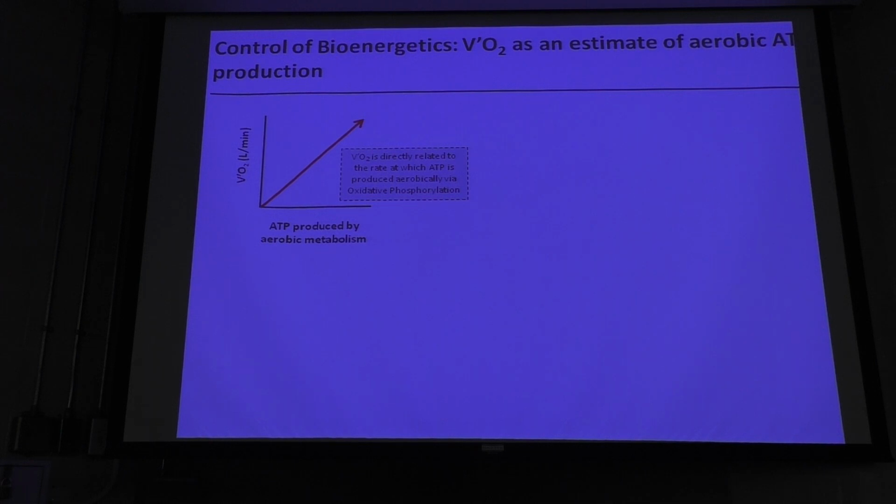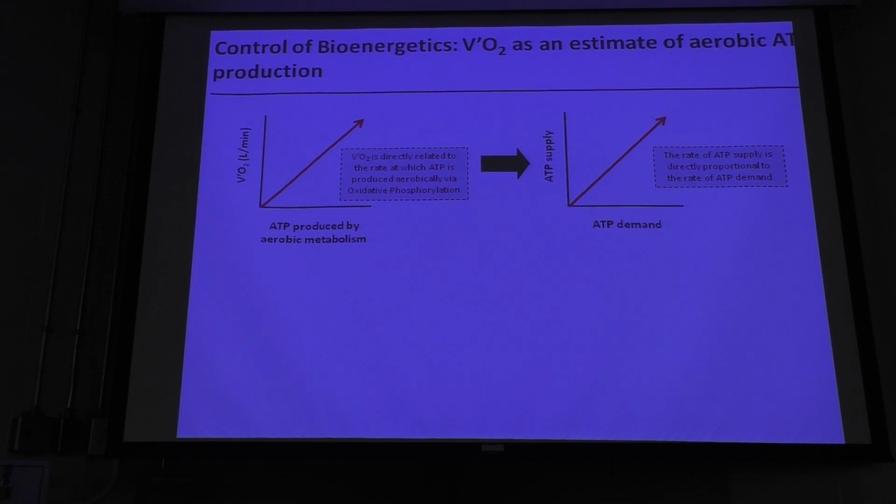So, how do we get to exercise testing from this? Well, we know that ATP supply must be matched to demand, right? We said that ATP is basically a regulated variable. And so ultimately, we know that the rate of ATP supply needs to be directly proportional to the rate of ATP demand.